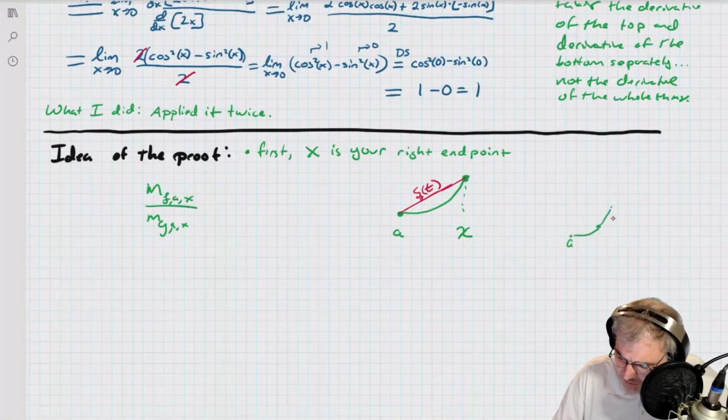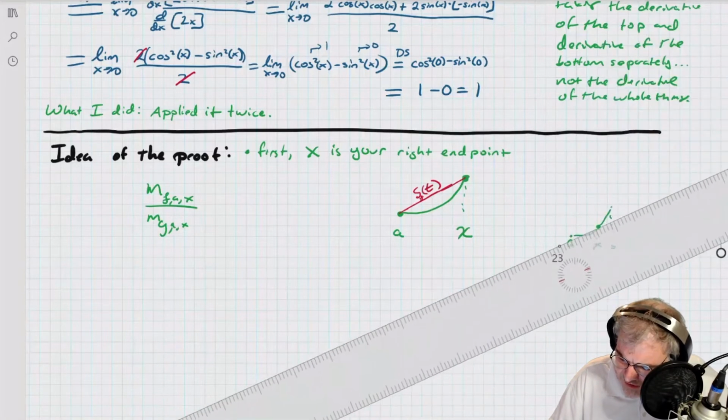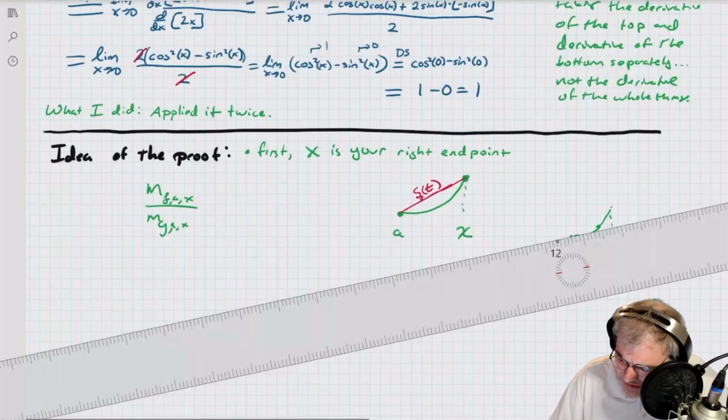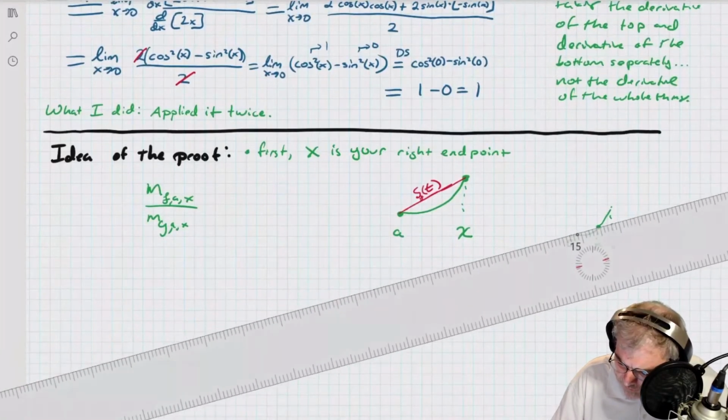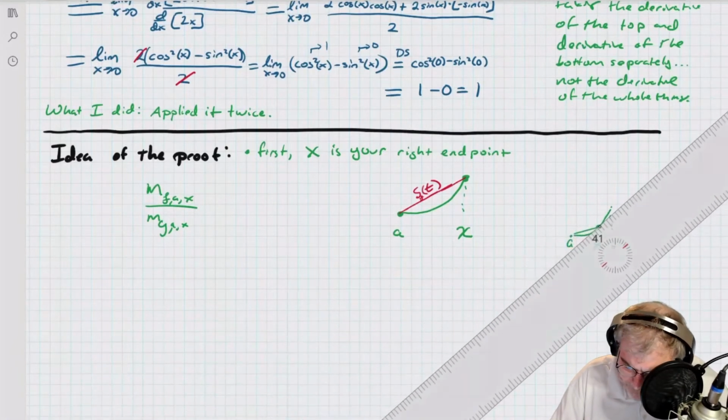So here's some, I don't really care what this is, I'll call it b. This is like an x here, and this is a hard endpoint. And then I'm using the mean value theorem in a sense to turn this bottom part into a polygon. Let me do this in a different color.